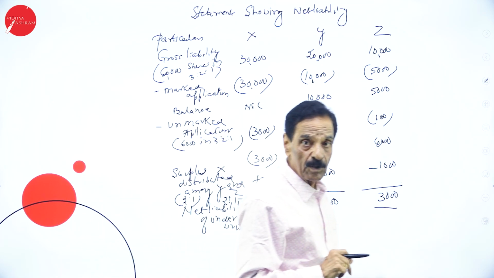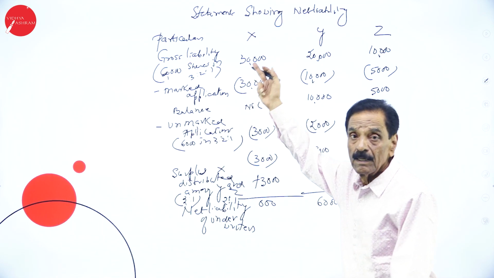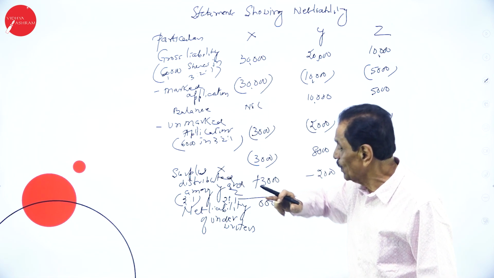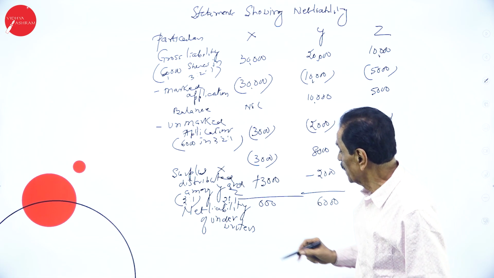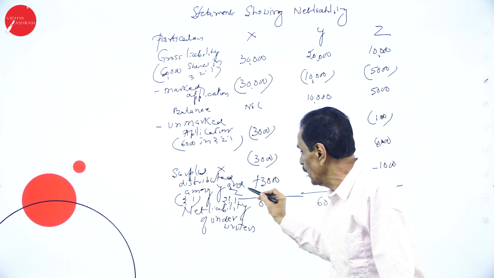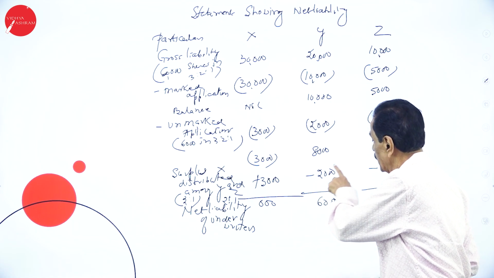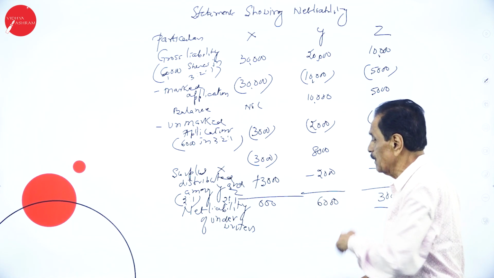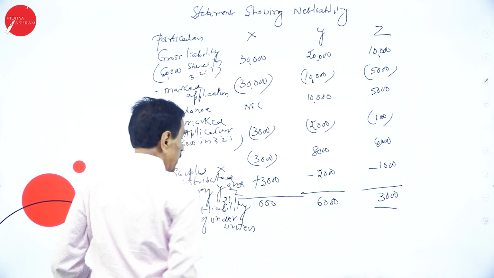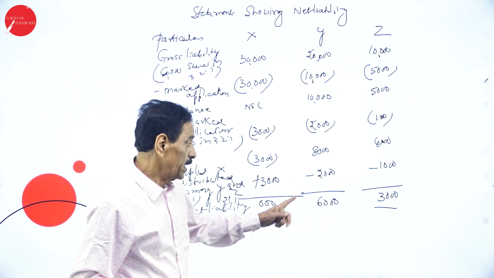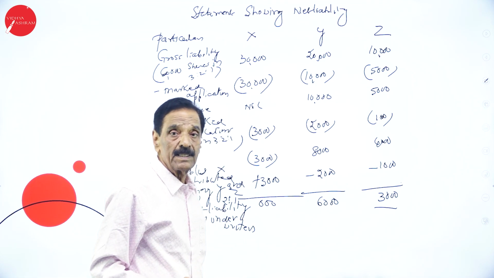We put the format only: gross liability minus marked application minus unmarked application. Whatever the surplus comes, that will be distributed among Y and Z in 2 is to 1. The net liability of underwriters is Y 6,000, Z 3,000, X is 0.